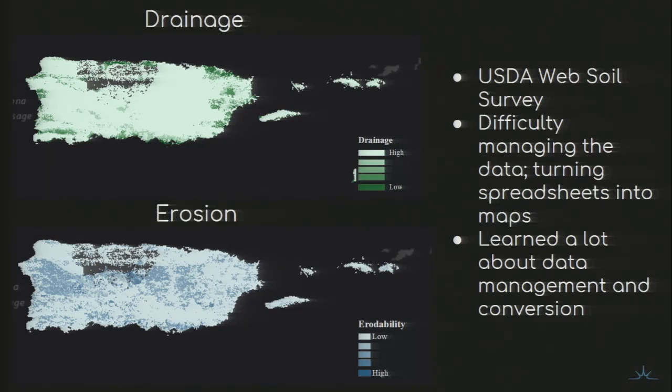So this one, again, took a little bit longer to actually create, but it basically just ranks what areas have low and high drainability and what areas have low and high erodibility. And basically, we got that data from the USDA Web Soil Survey and just changed those spreadsheets into spatial data that's usable and visualized.